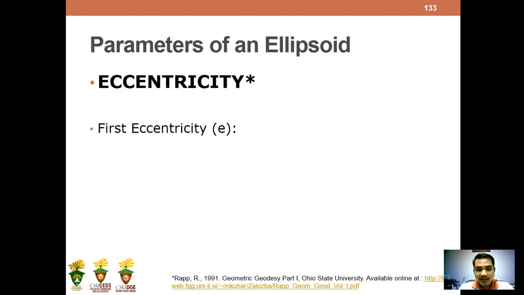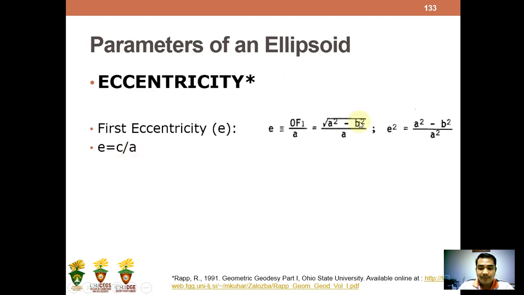Again, for eccentricity we have this formula. The first eccentricity is equal to C over A, the ratio of C, the distance from the center to the foci, divided by the semi-major axis. In short, the formula is e equals the square root of a squared minus b squared over a.